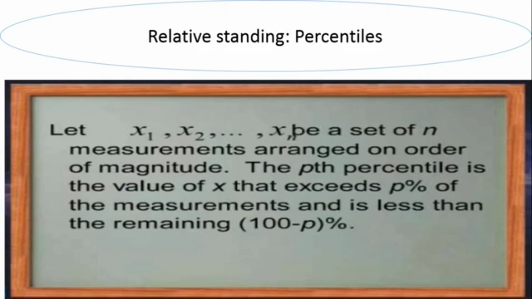So relative standing can also be expressed with percentiles. Let x1 to xn be a set of n measurements arranged in order of magnitude. The pth percentile is the value of x that exceeds p% of the measurements and is less than the remaining 100 minus p%. That's what we call a percentile.